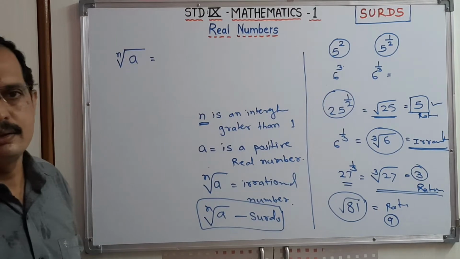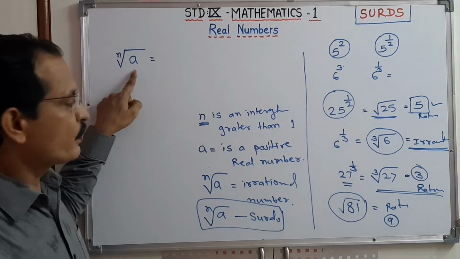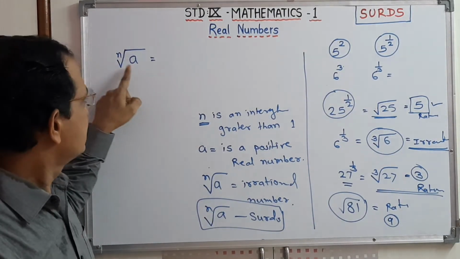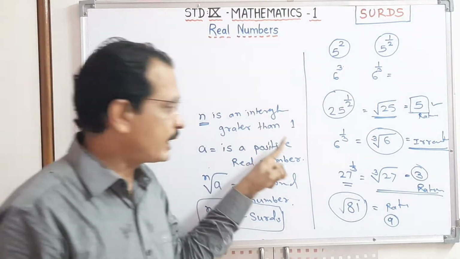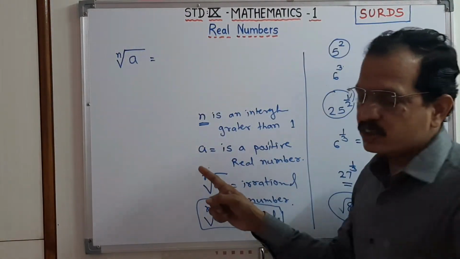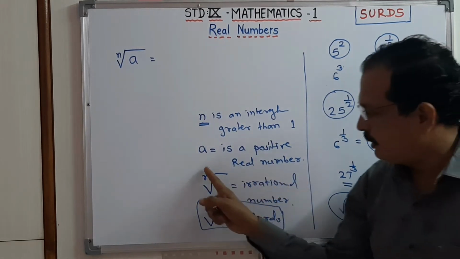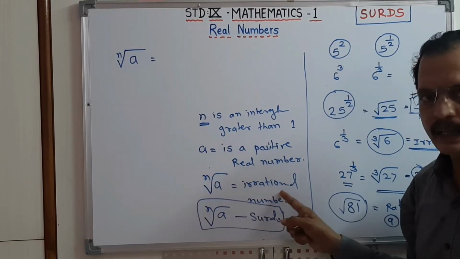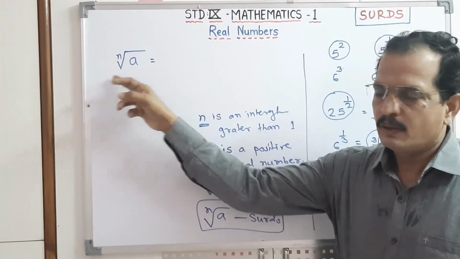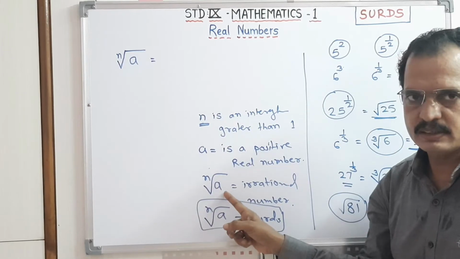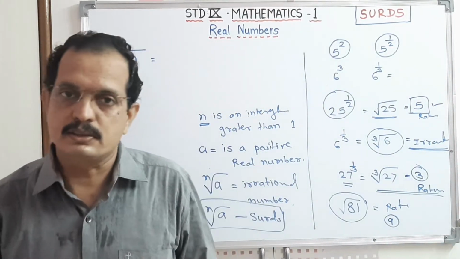Now I think you got the clues here. Nth root of a. In this case, this n is an integer but that integer is greater than 1. Second condition, this a must be a positive real number and this whole number is an irrational number. If the number which is written in the form of this follows these three properties, then we say that this is called a surd.